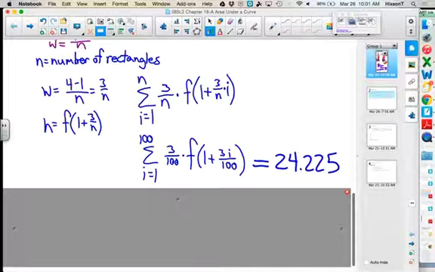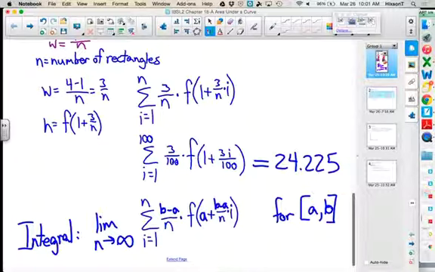So what could we do? We could let the number of rectangles approach infinity. When you let a value approach something, we'd be taking a limit. A limit, yeah. Okay.